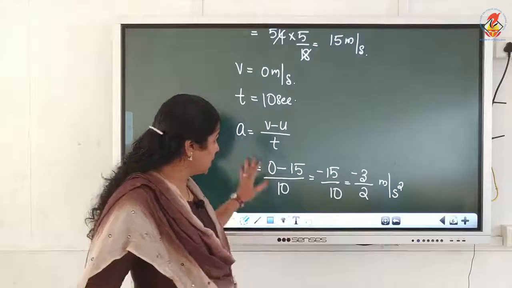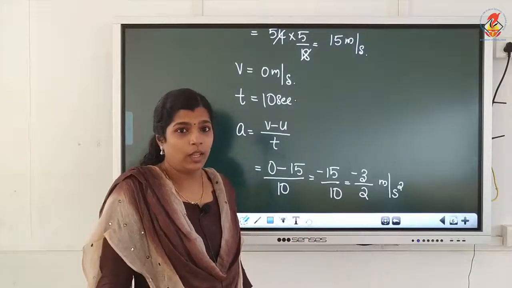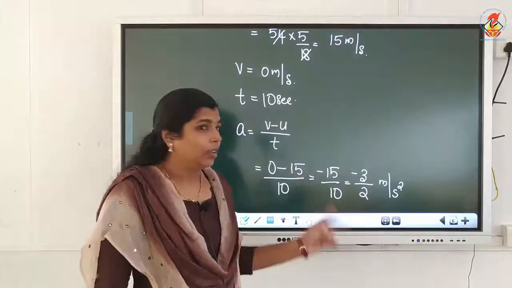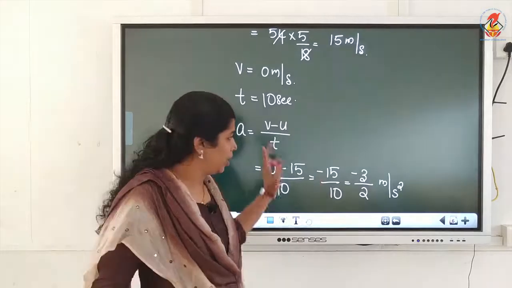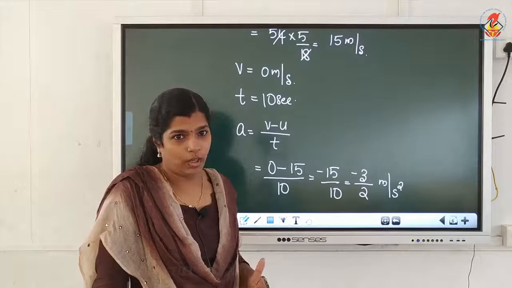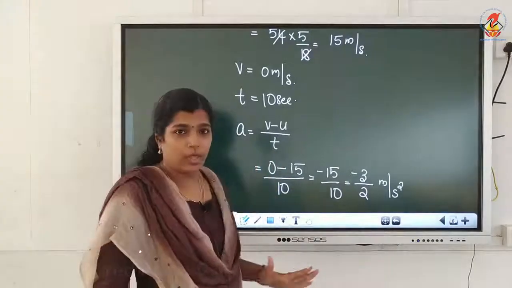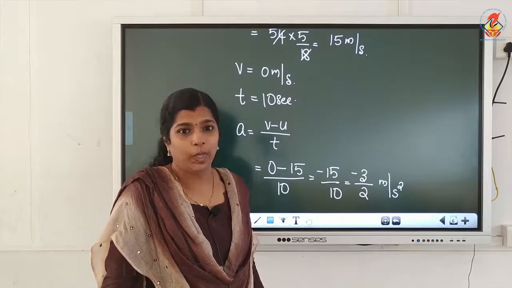This is a basic equation to find acceleration, and this equation we need till gravitation. The same equation we will follow for the next 2 chapters also. So, this is a basic equation to find acceleration: a equal to v minus u by t.